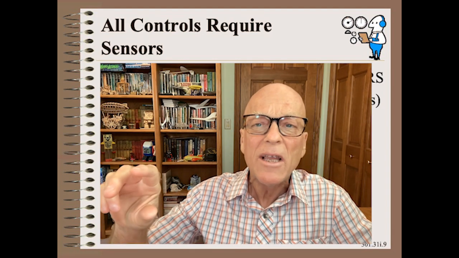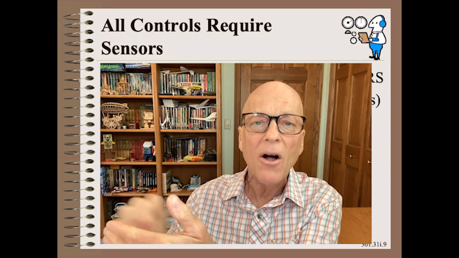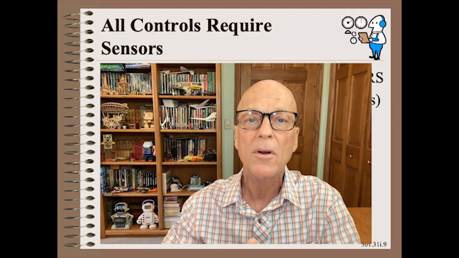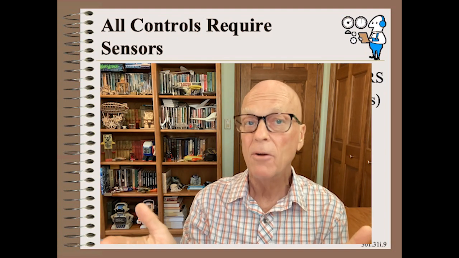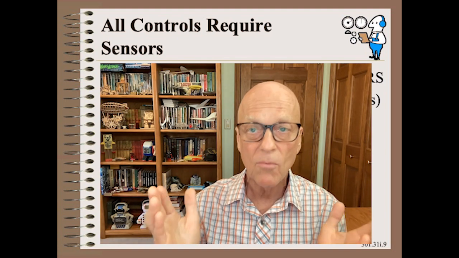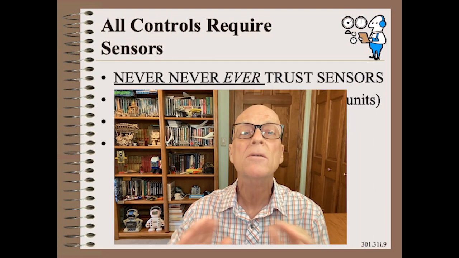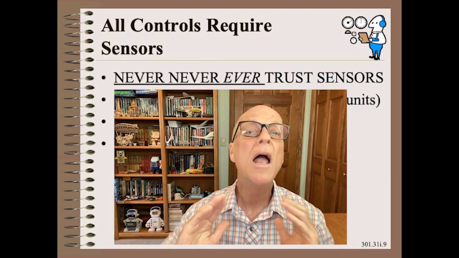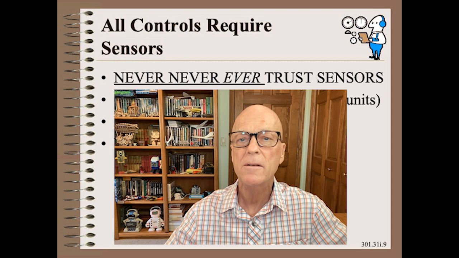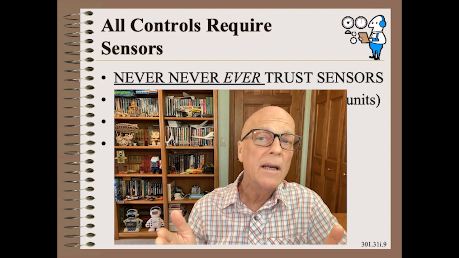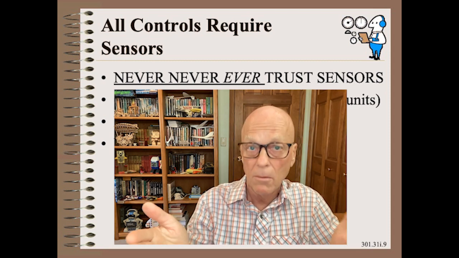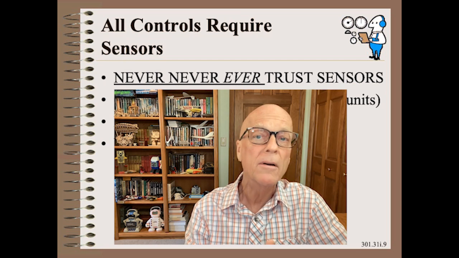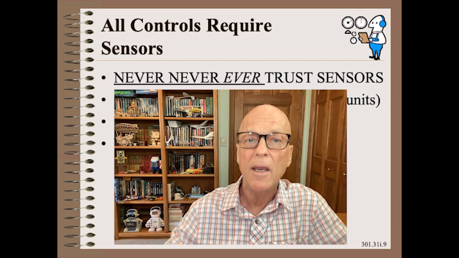They dutifully adjust the knob to the set point or write down the reading from the meter as if it is the truth. What I am going to tell you from 40 years of experience in 1,000 plants is to never, ever trust sensors.